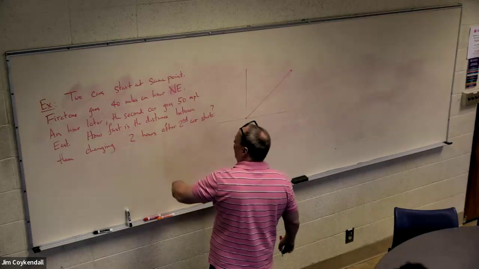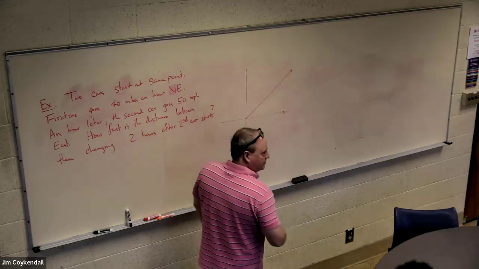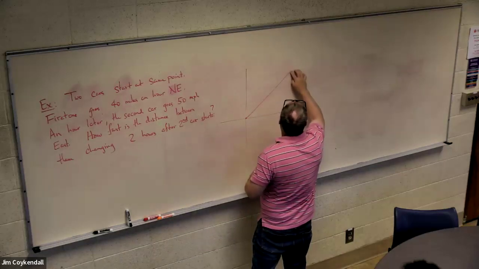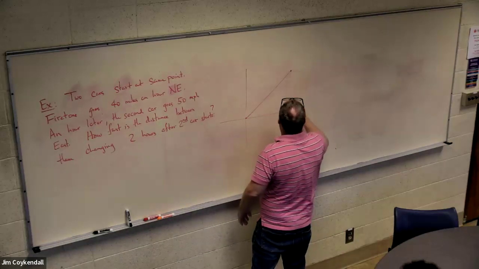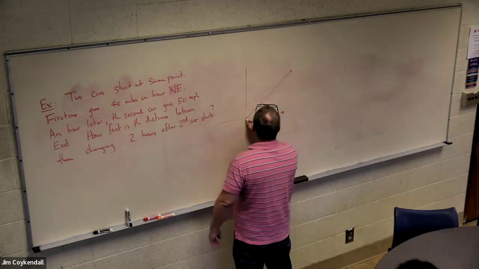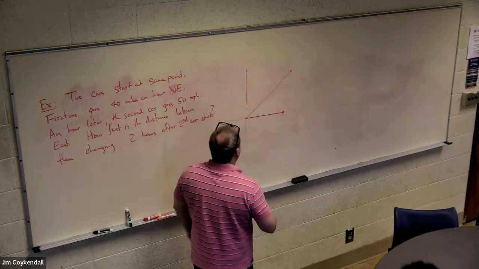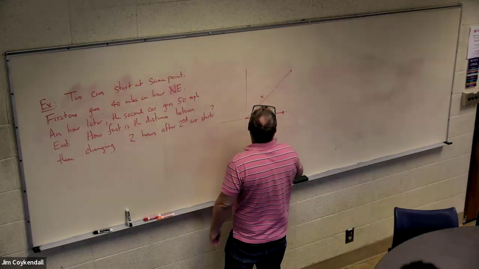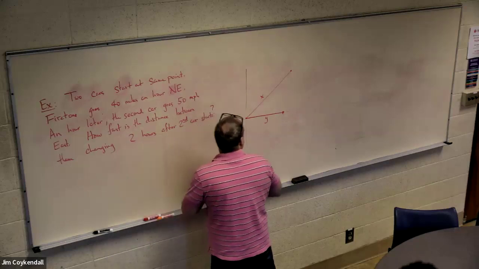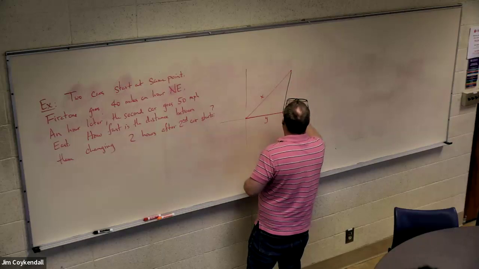And the other car starts later and goes directly like that. So let's label these. Let's call this x for the first car, y for the second. And let's label the distance between them. Call this s.